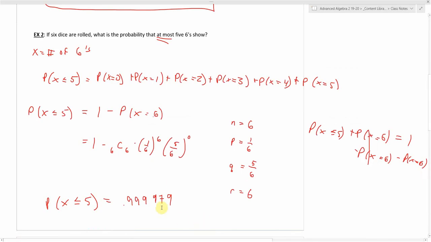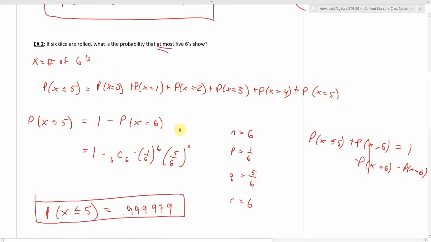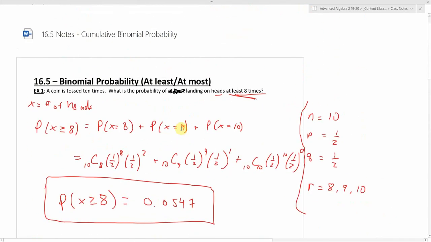And that's not surprising. If you roll 6 dice, you don't expect to get all 6 of them to show up as 6s. But the important point here is to recognize, when we're doing these at most, at least problems, we want to think in the most efficient way, right? If we're saying at least 8 out of 10, well, let's just list 8, 9, and 10, and find those probabilities.